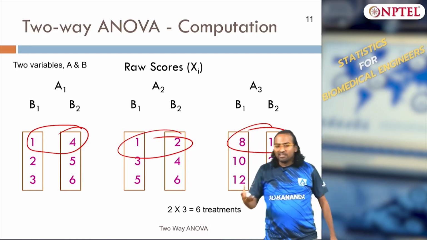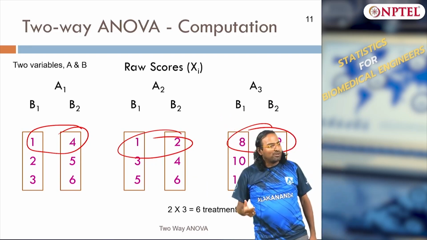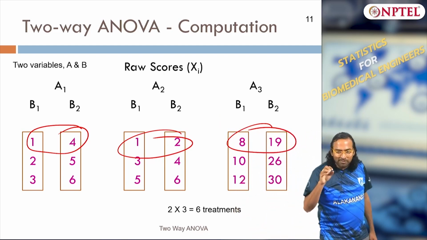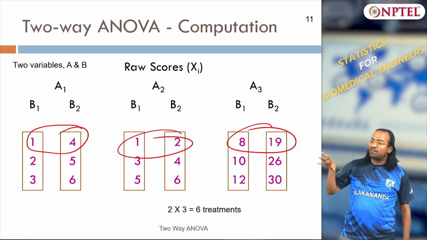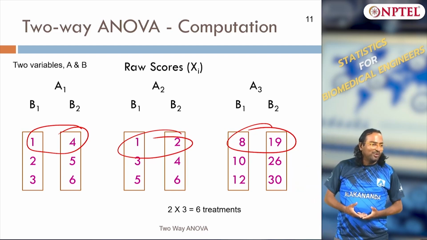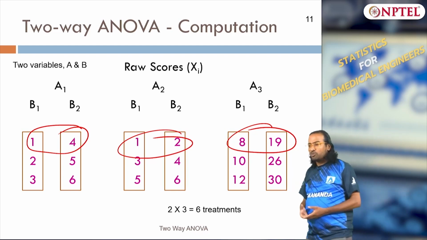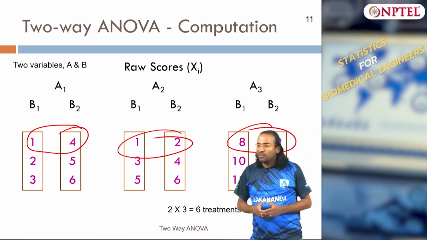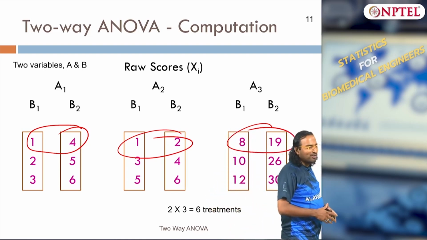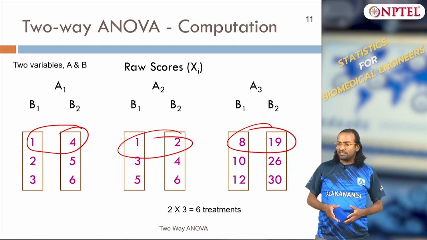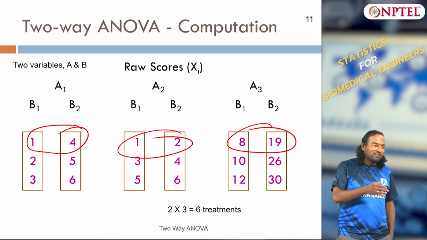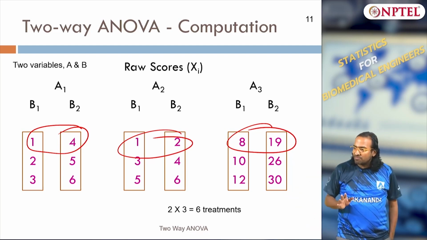Why? Because if you do only one round, your degrees of freedom will be very close to 0 for sum squared error. In fact, you will not have anything left for sum squared error. So you have to do replications. Whenever you do a factorial experiment, remember you have to do replications, otherwise you will not have enough degrees of freedom for your SSE, sum squared error.